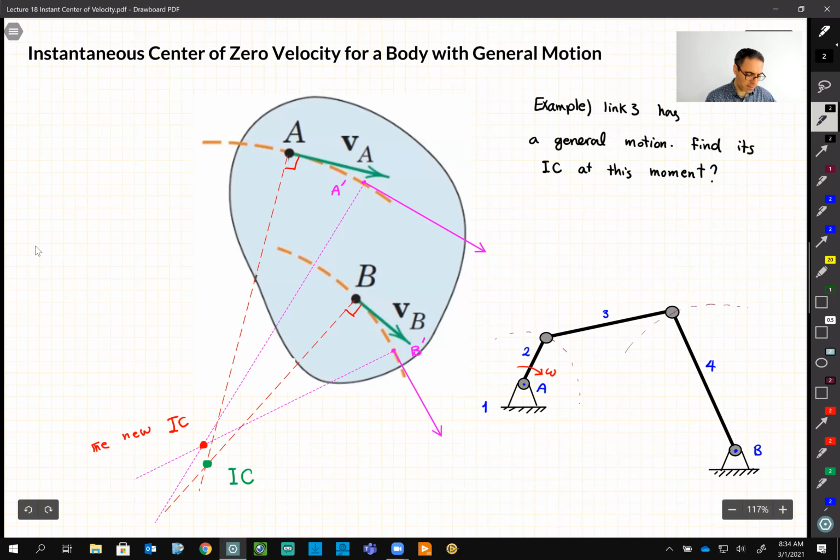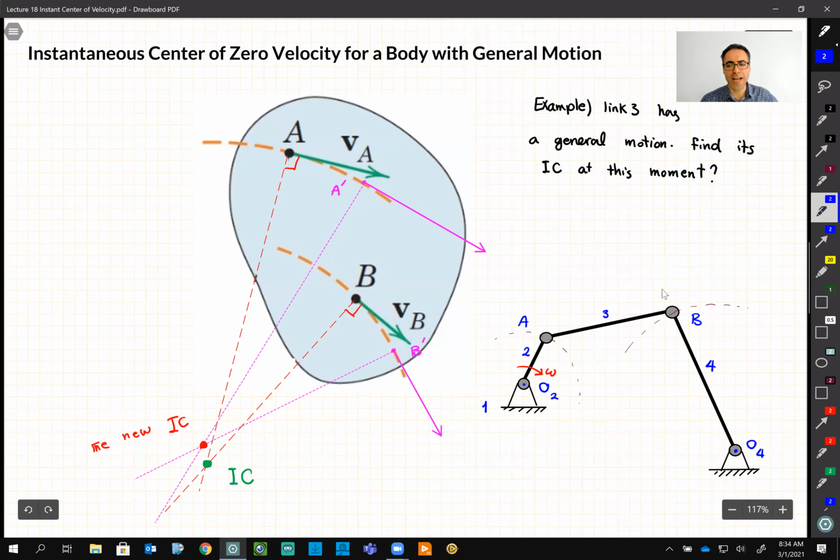So I'll give you a hint. Think about, let's call this one O2 and O4. Let's keep this one A and B. Okay. Think about this link 3 as the same picture that we have on the left.